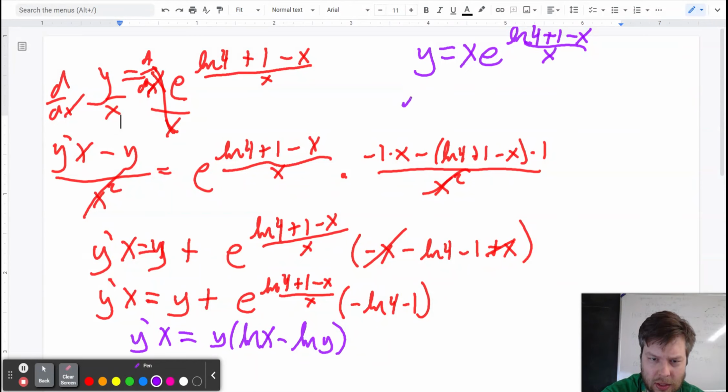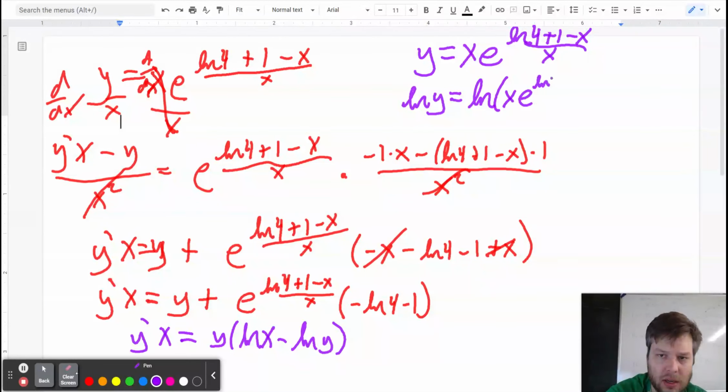So the natural log of y would be the natural log of this product. And when you take the natural log of a product, you can split it into the natural log of the first thing plus the natural log of the second thing.